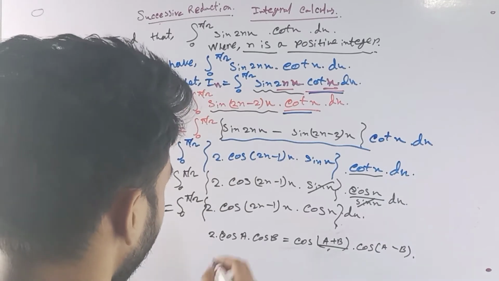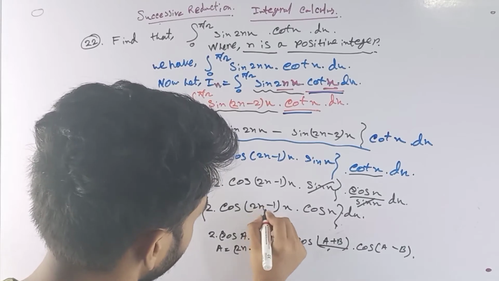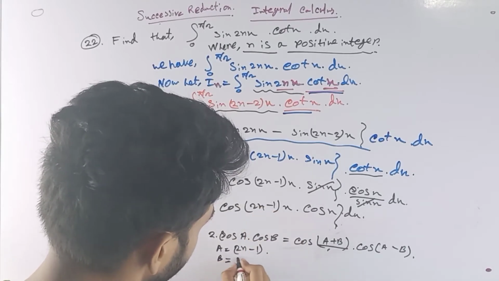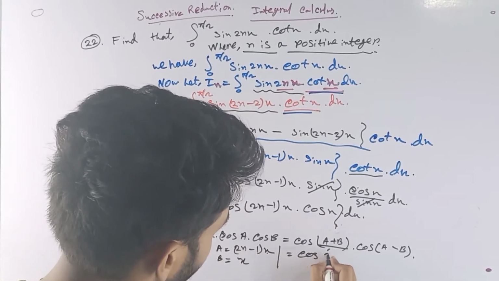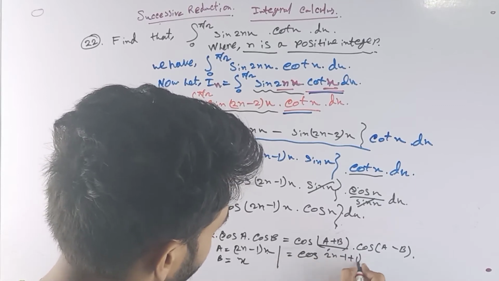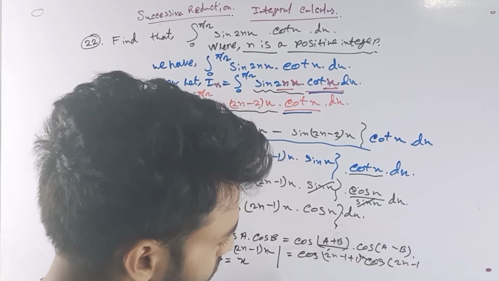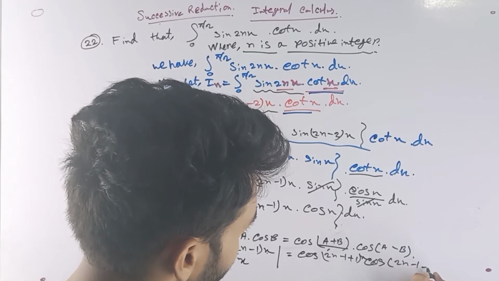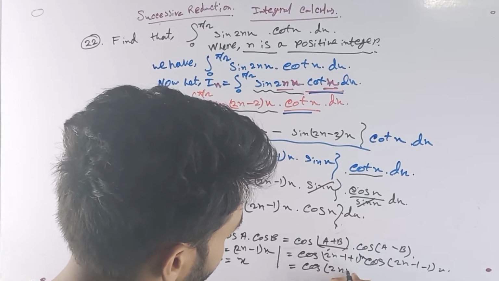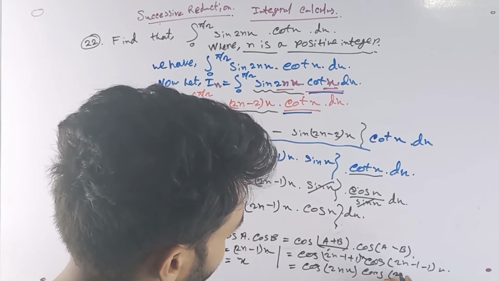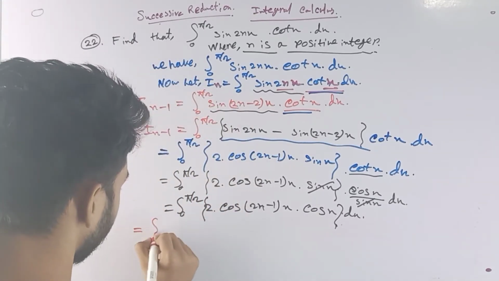Here A equals (2n minus 1)x and B equals x. So cos of (2n minus 1 plus 1)x plus cos of (2n minus 1 minus 1)x equals cos 2nx plus cos (2n minus 2)x.